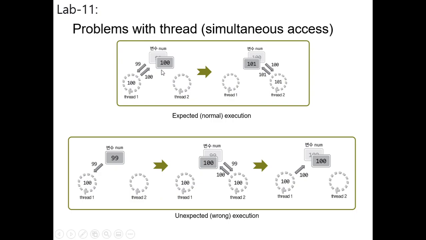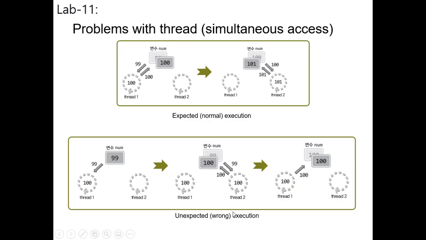The expected execution, if the initial value was 99, is that one thread would retrieve the value 99, increment it and store the value of 100. The second thread would get the value of 100, update it and store it. We would have 101. So the two threads add one at a time and increment the value from 99 to 101. That would be logical. So that's what we would expect from multiple threads.